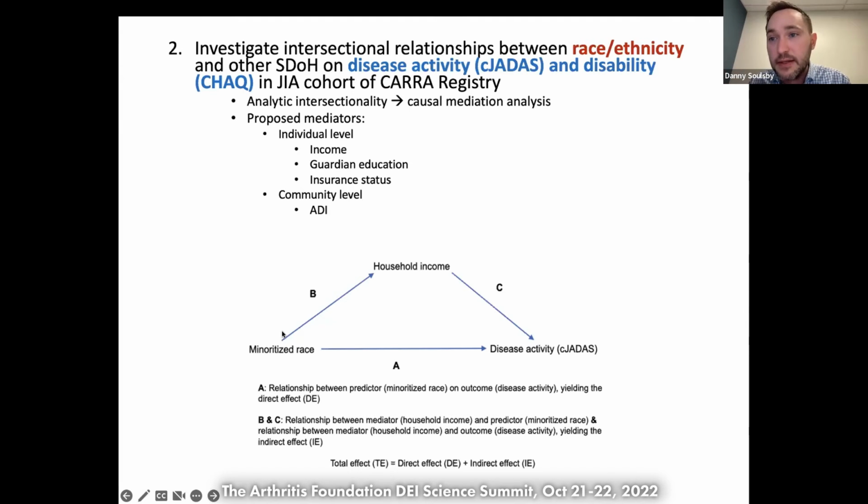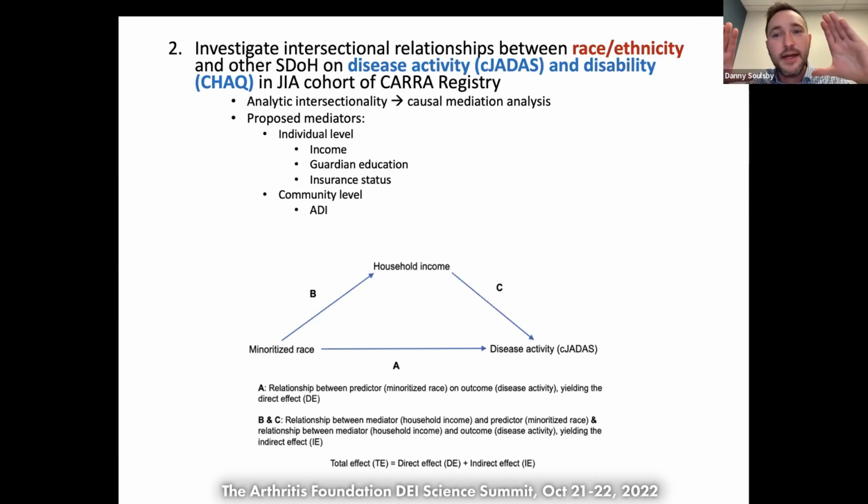and how much of that is indirectly mediated through a mediator variable, which in our data set we're proposing using both individual and community level mediators, so that we can then understand what is the proportion of the impact of race, aka racism, that is mediated through these mediators, which may be hopefully more directly intervenable, such as guardian education as a proxy for health literacy, for example, versus what is the direct effect that's left over that are from factors that we can't measure and we would propose are likely due to some of those outer factors of our onion, right?